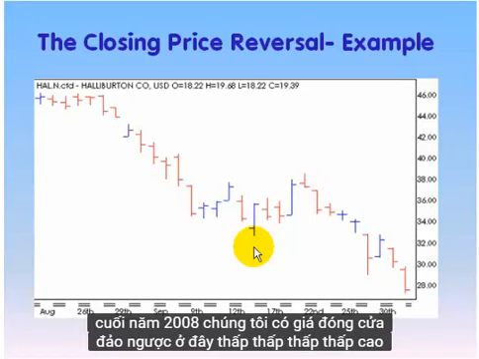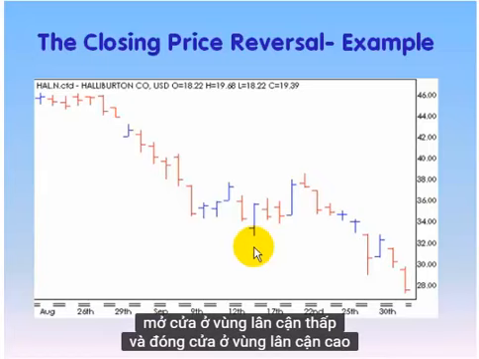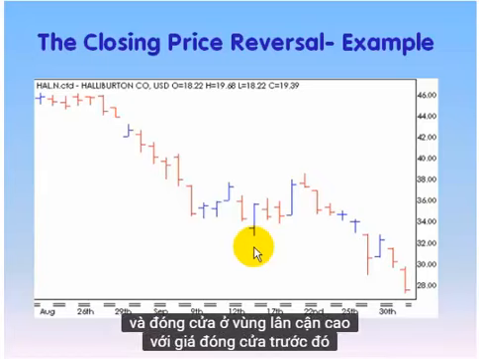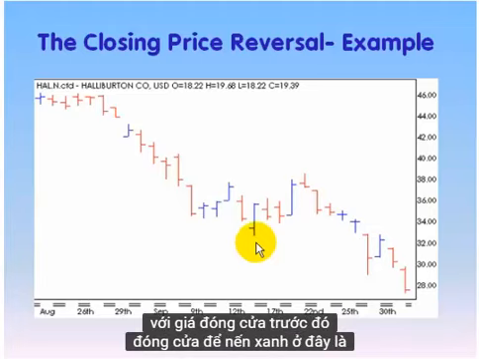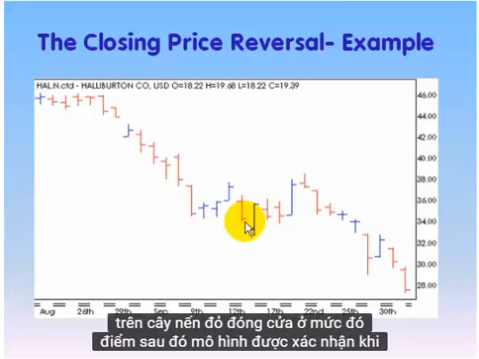Lower low, lower high, price opening in the vicinity of the low and closing in the vicinity of the high, with price closing above the previous close. So the blue candle close here is above the red candle close at that point there.